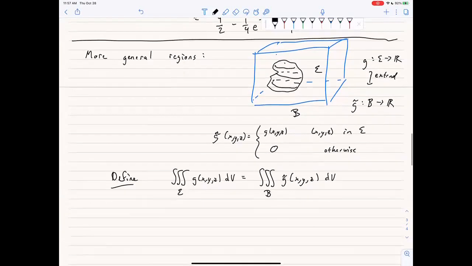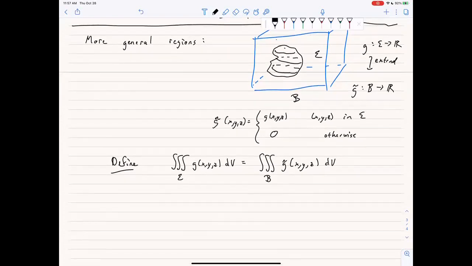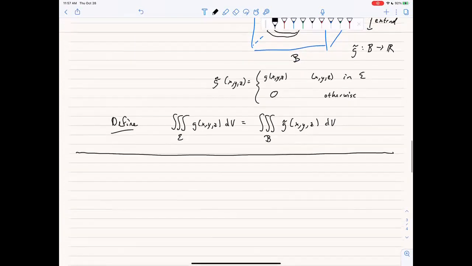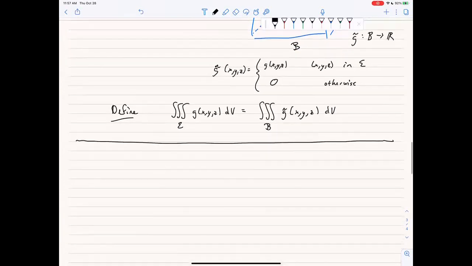There are a lot of different ways you can typecast these regions, but the most concrete approach is just to consider a type 1 region. So I'm not going to go through every single type. And if I give you a question on the exam over general regions in 3 dimensions, unless it's using a change of coordinates, it'll be something like this.